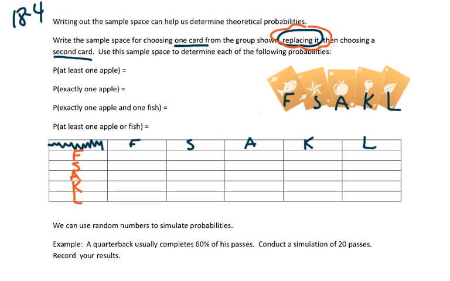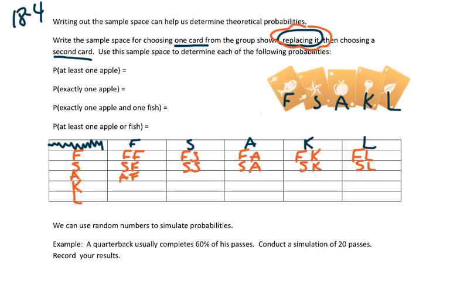So the combination of picking 2 is fish fish, fish star, fish apple, fish key, and fish leaf. Or I could have picked a star and then a fish, a star and then a star, star apple, star key, star leaf, and you get the idea of what we're doing here.